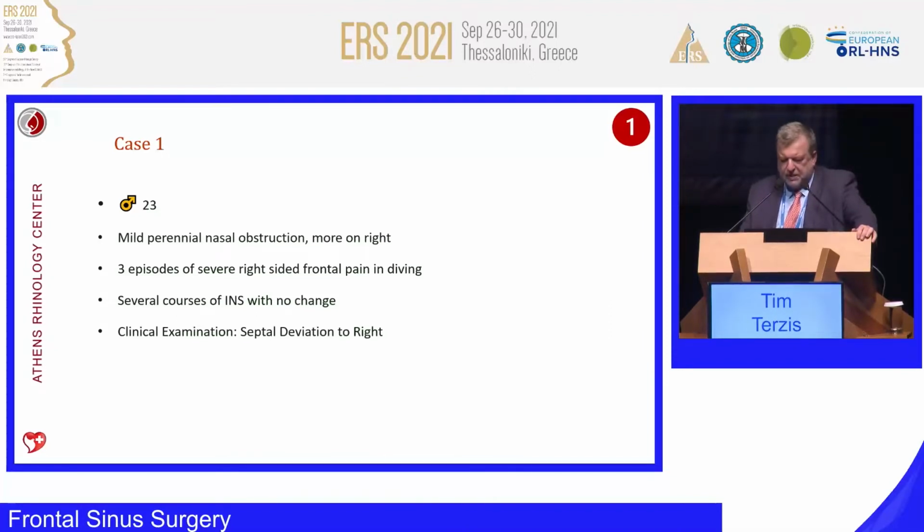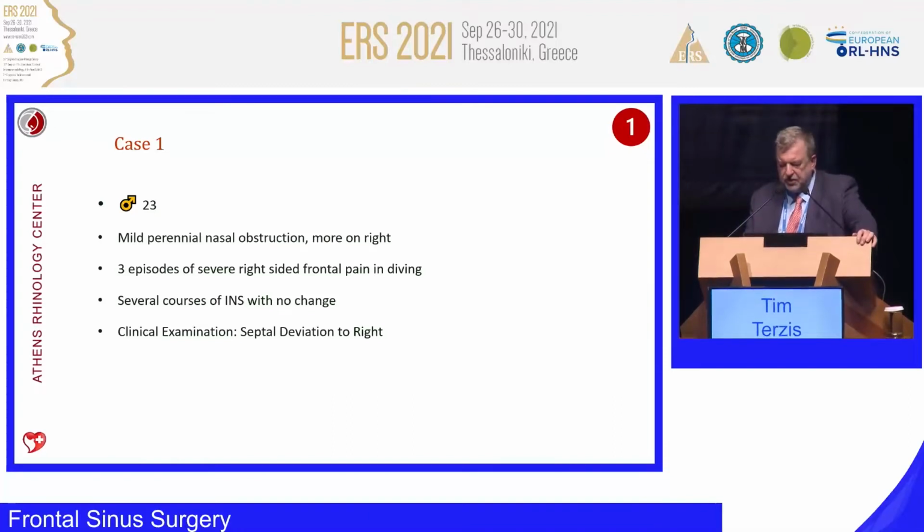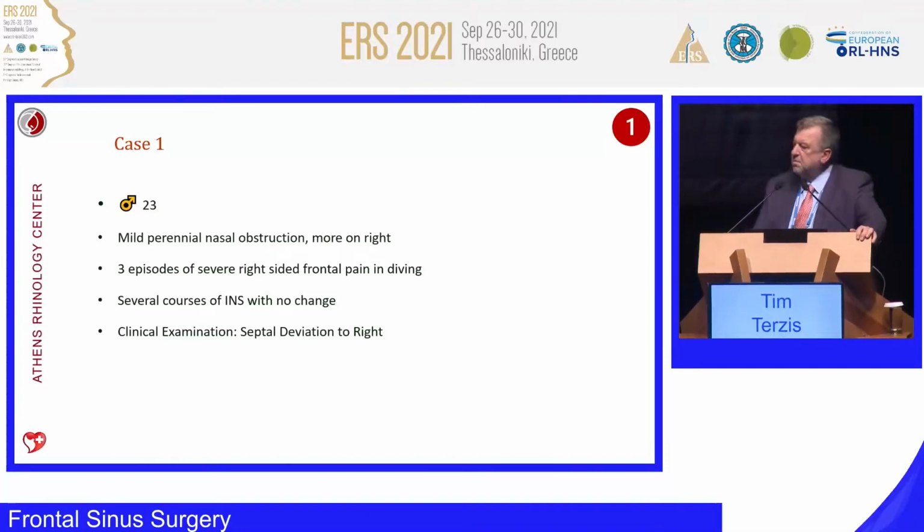He actually presented because he had a recent episode of severe right-sided frontal pain while diving, which he had in the past 2 more times. He's had several courses of intranasal steroids with no change, and he asked for help.